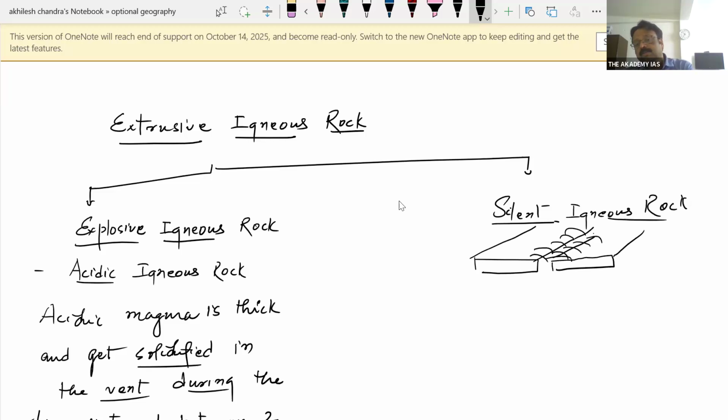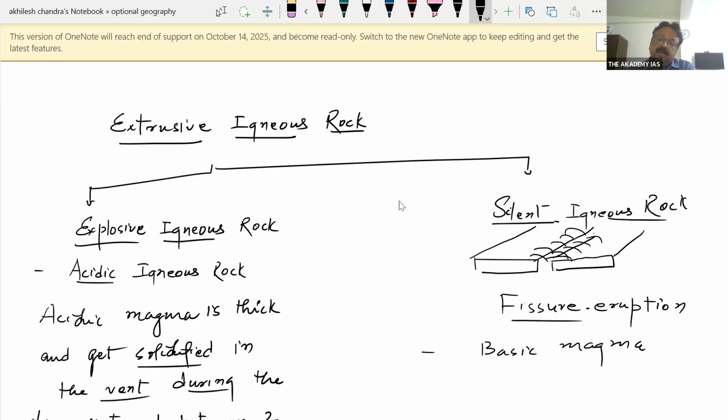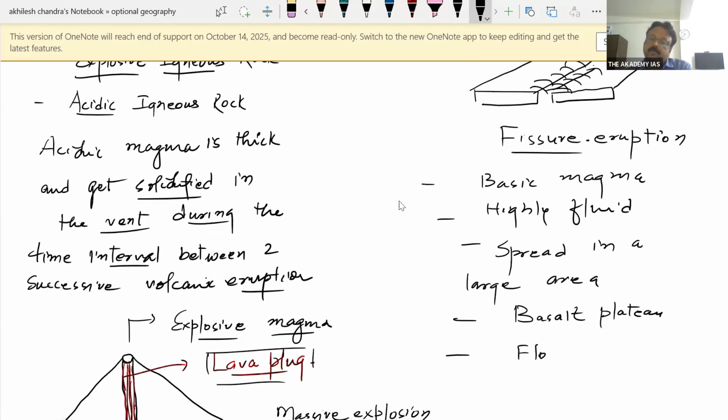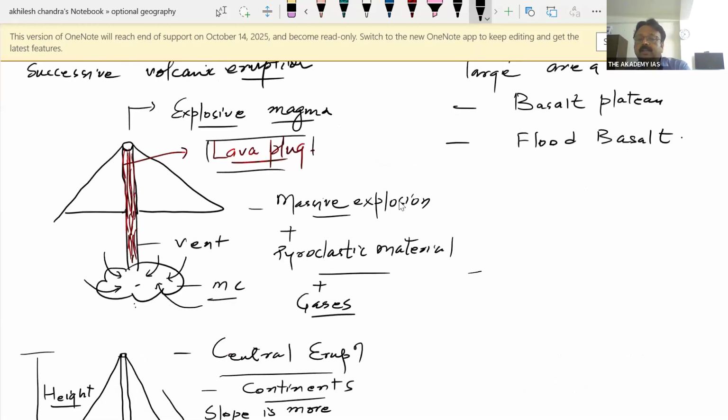With fissure eruptions there is a basic magma, and this basic magma is highly fluid, so it spreads over a large area. And they create either a basalt plateau or flood basalt. They spread quite far, and their height is very low.